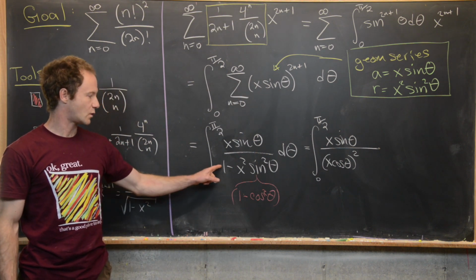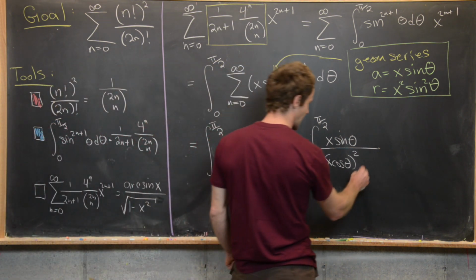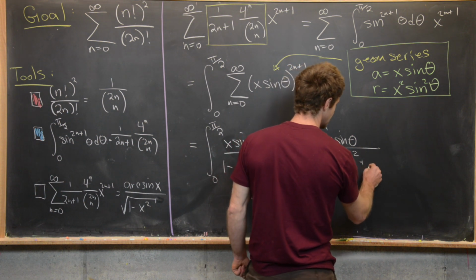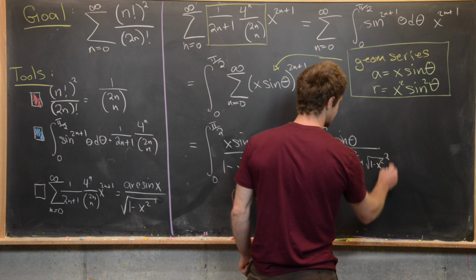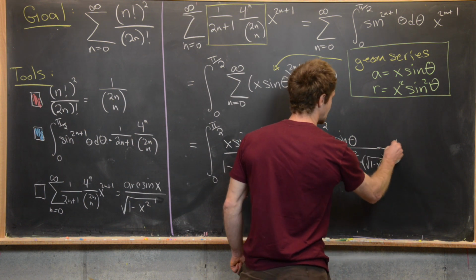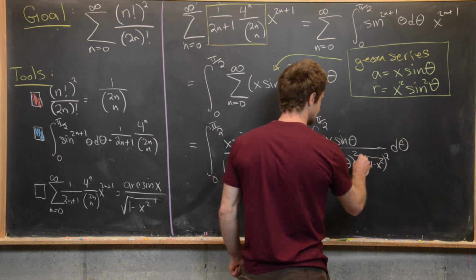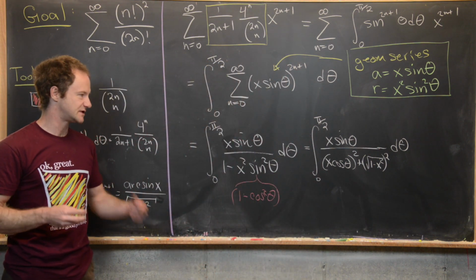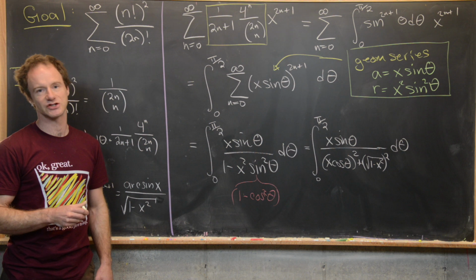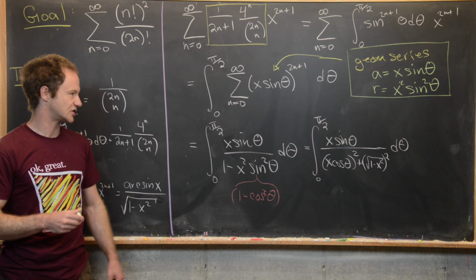And then I have plus 1 minus x squared. But I'm going to write that as plus the square root of 1 minus x squared quantity squared. And I do that because that is going to allow me to recognize this as a u substitution and eventually take a tangent, an inverse tangent antiderivative.